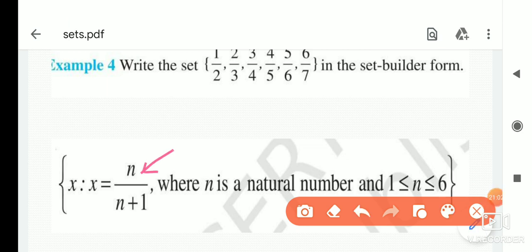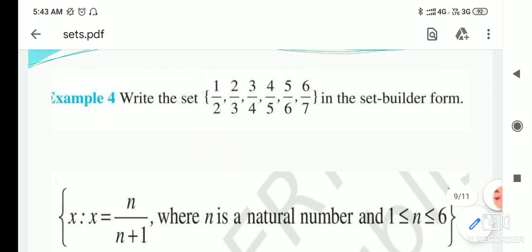Set of all x such that x equal to n divided by n plus 1. If you put n equal to 1, you will get 1 divided by 1 plus 1, which is nothing but 1 by 2. If you put n equal to 2, then you will get 2 by 2 plus 1, which is 3, so 2 by 3. This way you can get all the elements.